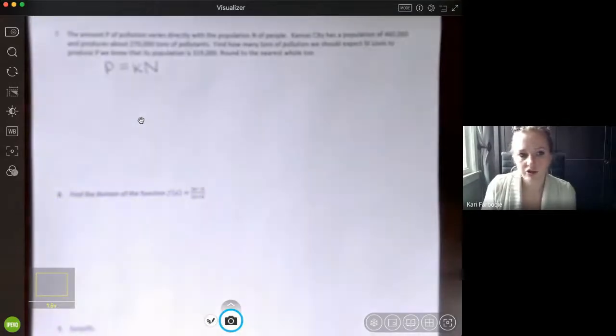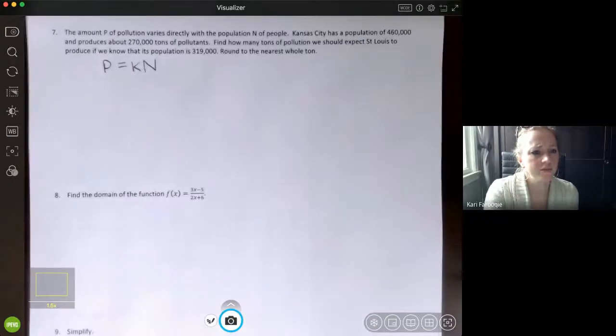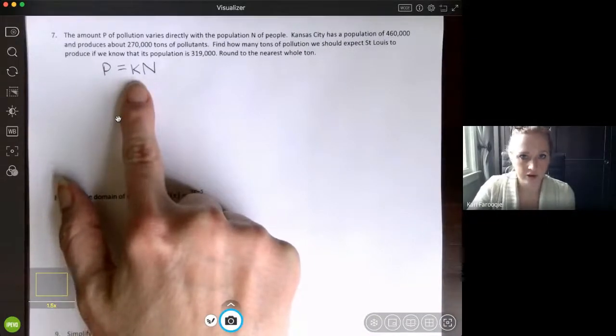When the variation is inverse, then your variable will go into the denominator. But no matter what, remember that K, your constant of variation, is always in the numerator.